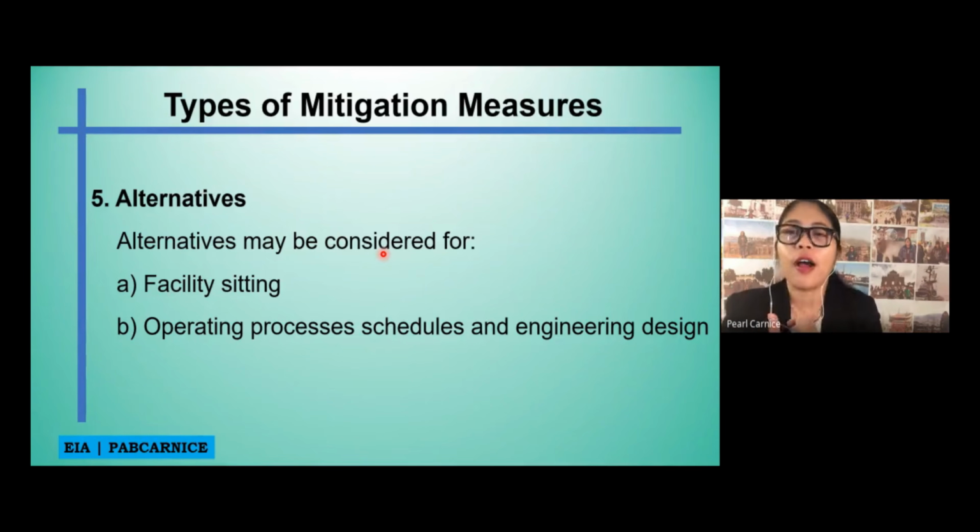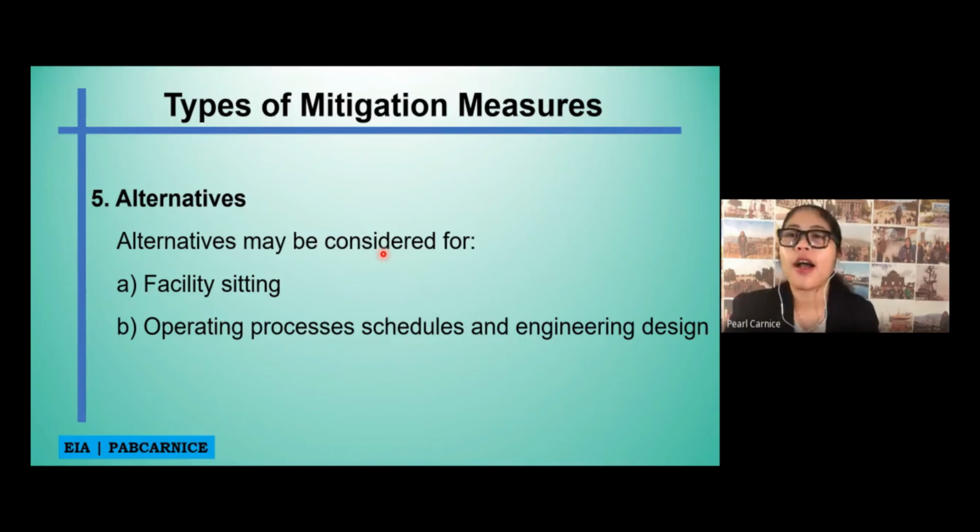Then, for the people to be compensated, or at least not to be disturbed, maybe during the evening the operation should be shut down, or there should not be any kind of operation in the evening if a certain activity or project would cause high intensity of noise.